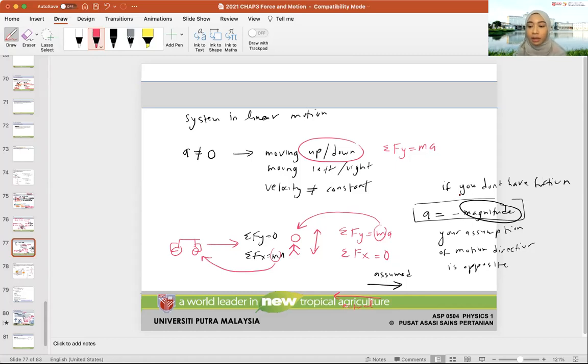This is exclusive to when your free body diagram does not have friction. Maksudnya the incline is smooth, or basically there's no friction. The street is smooth, macam tu lah. Situasi yang tak ada friction. Okay, so that is your recap.